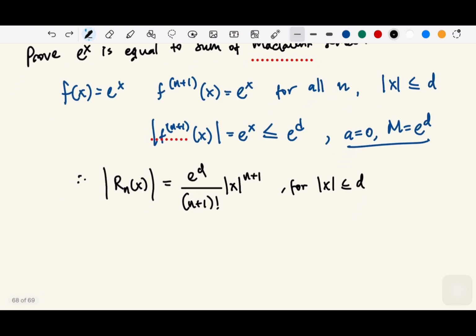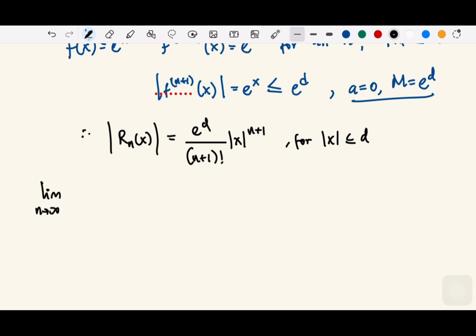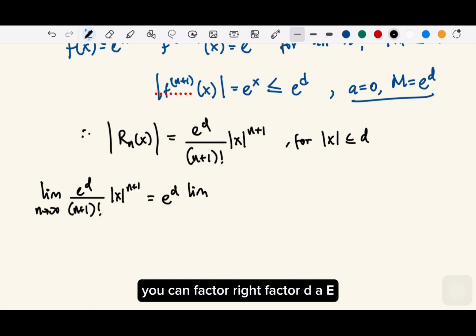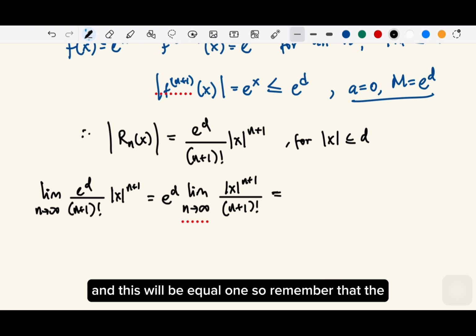So we can take the limit, and we can factor the e, and this will be equal what?